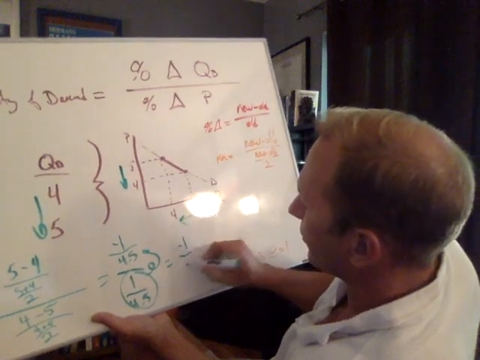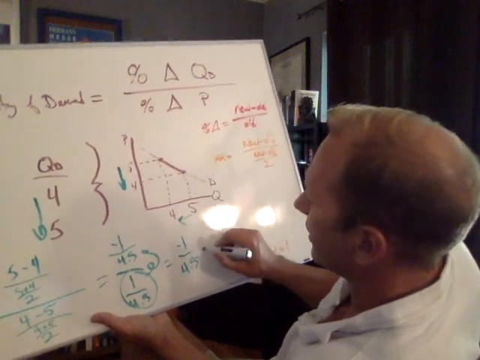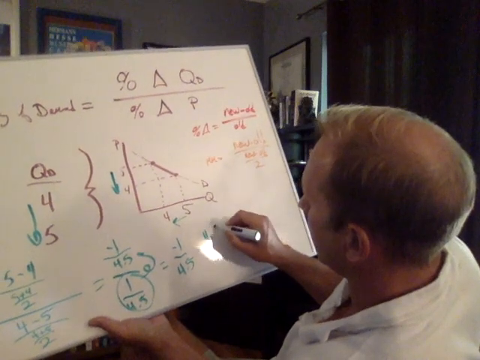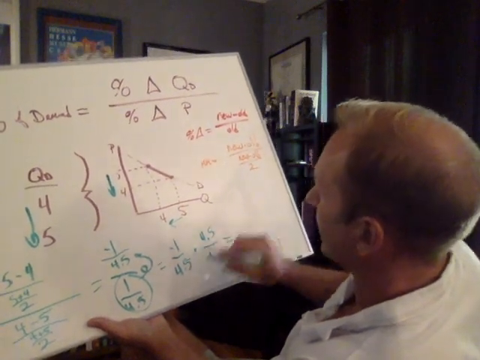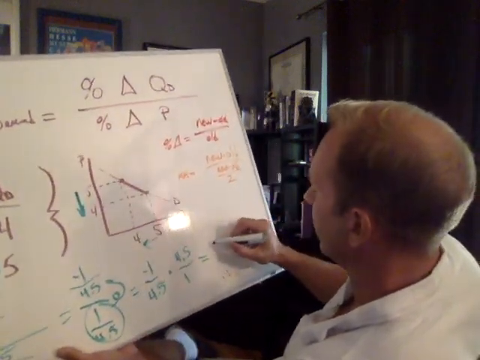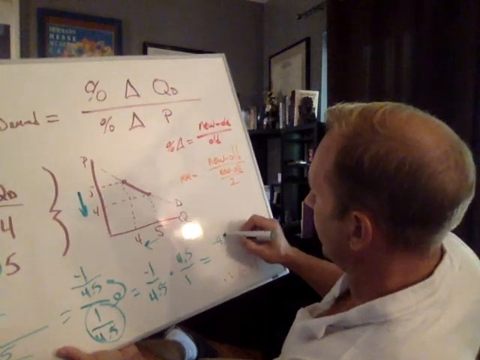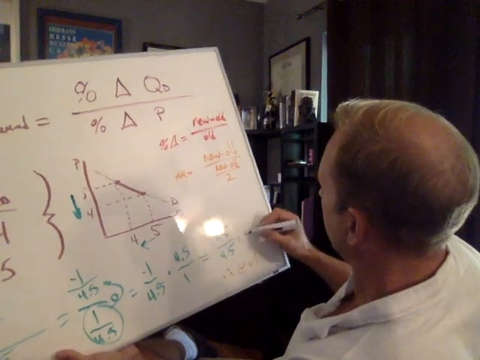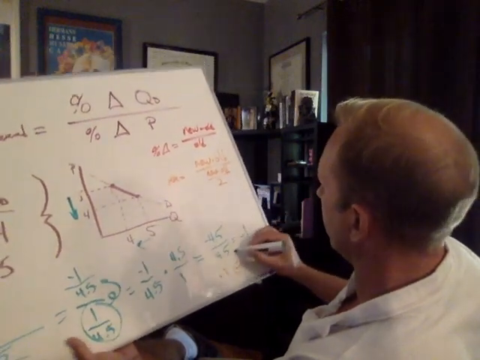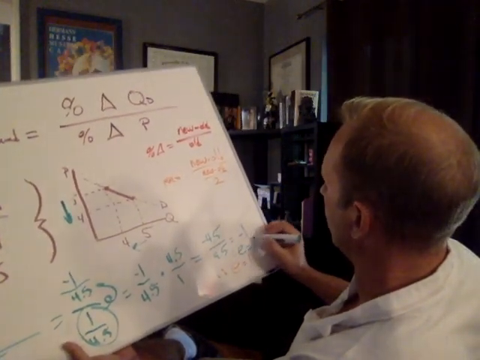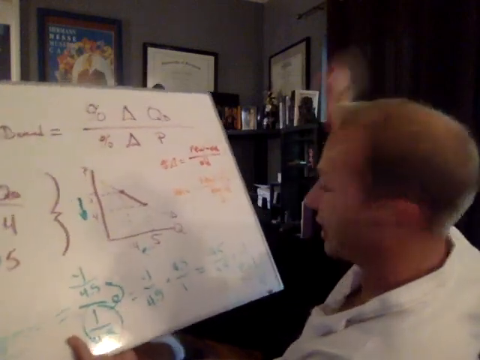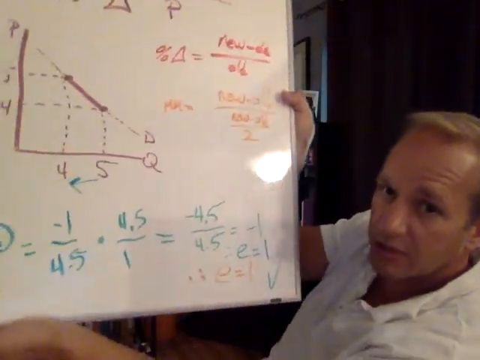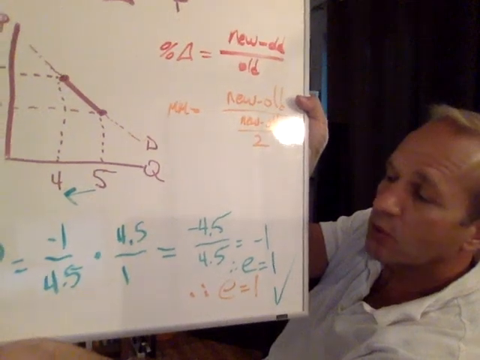Negative 1 over 4.5 times 4.5 over 1. You multiply straight across. There's nothing easier than that. Negative 4.5 over 4.5 is equal to negative 1, and we ignore the sign. Therefore, E is equal to 1. Check. We get unit elastic whether we go up or down.